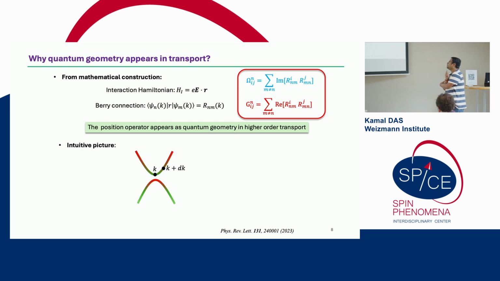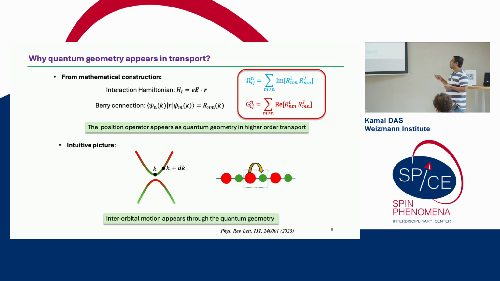Let's consider a non-trivial system, and when you apply an electric field, the carrier moves from a point k to k plus dk. This kind of motion in the reciprocal space, you can think of as motion in the real space: there is an interorbital motion in the system, and this interorbital motion appears through the quantum geometry.